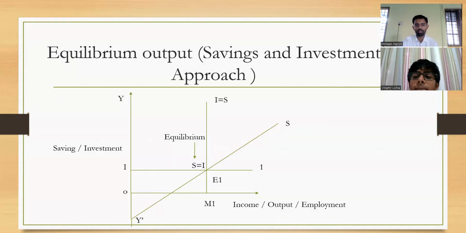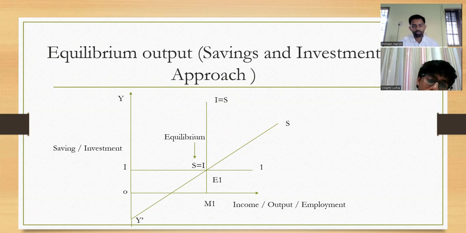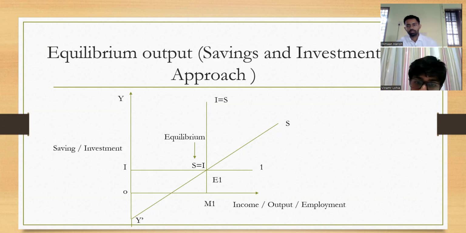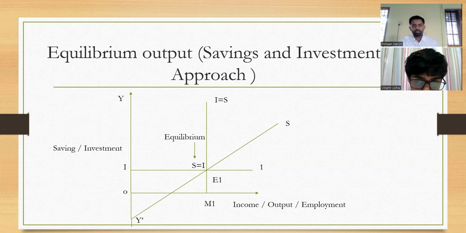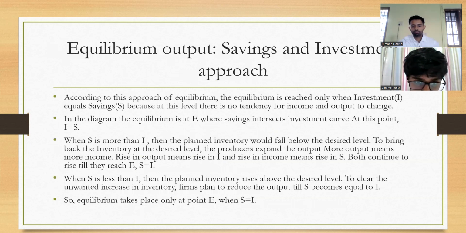Rise in output means rise in I. I didn't understand that. Why are they increasing the output when the savings are more? Okay, so there is more savings, so they have more income to spend, so they are increasing the output. Yes, the output increases and the income also increases.